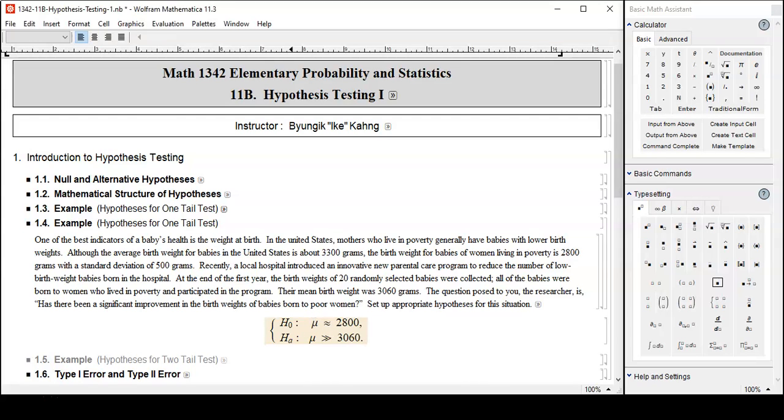How do I know this is greater? Number one indicator, we want improvement. Improvement in baby's health at birth. And that translates to bigger birth weight, okay? With more nutrition and more development, we have babies with more weight.